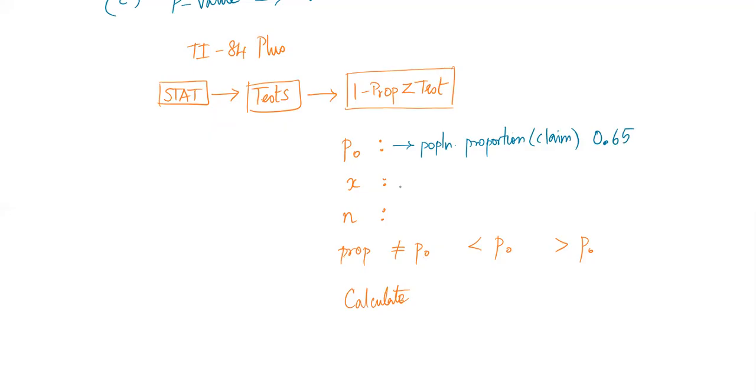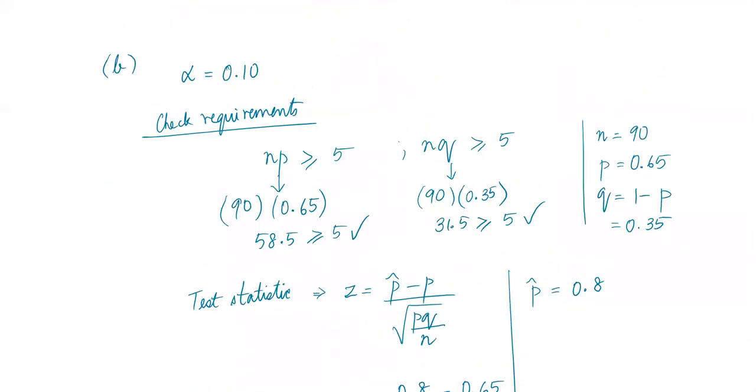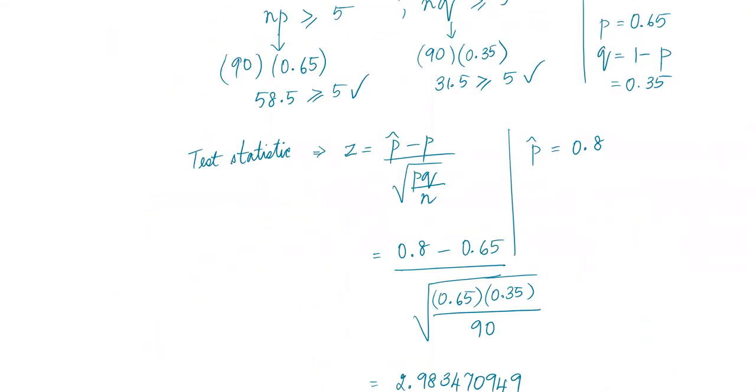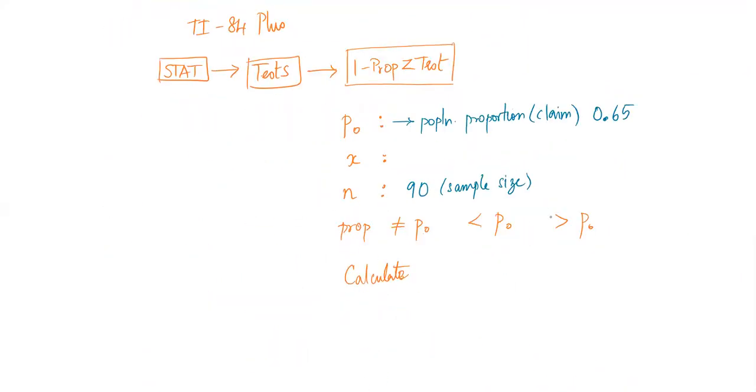Then it asks for X and N. N we know, and we'll come to X shortly. N is 90 because that's your sample size. In step 3, your H1 is P greater than 0.65, from step 2 where you built your claim, so that is what you choose.